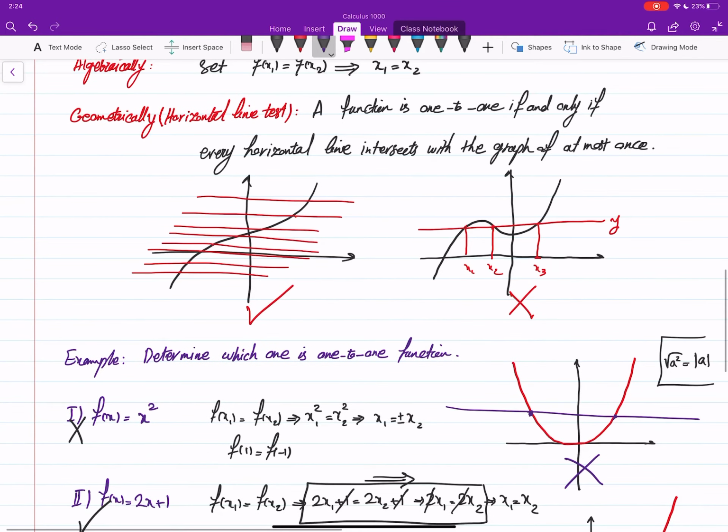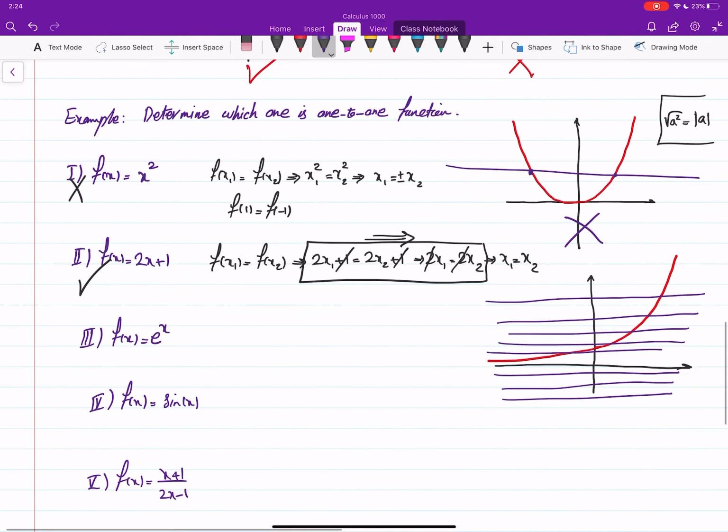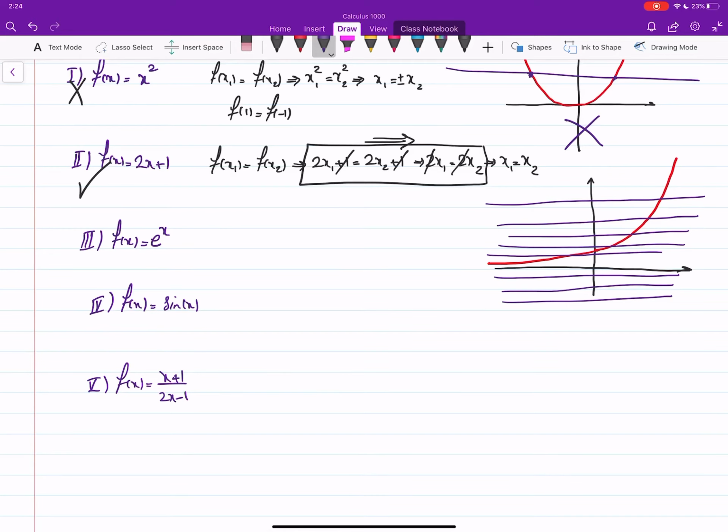The horizontal line test says that it intersects with the graph at most once. So some lines may not have an intersection with that graph. So using the horizontal line test, it is yes. How about this one?